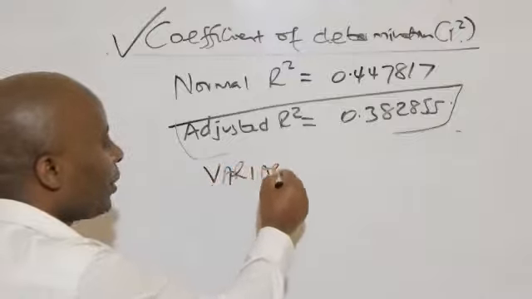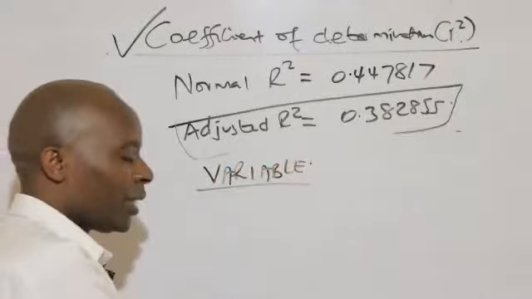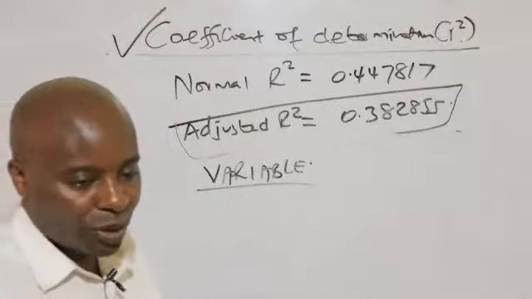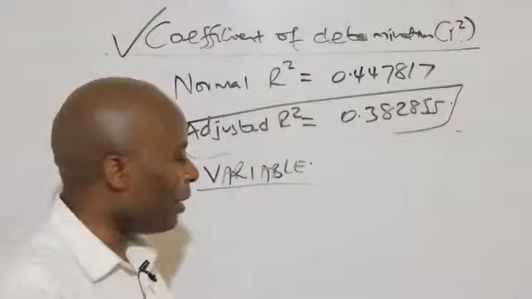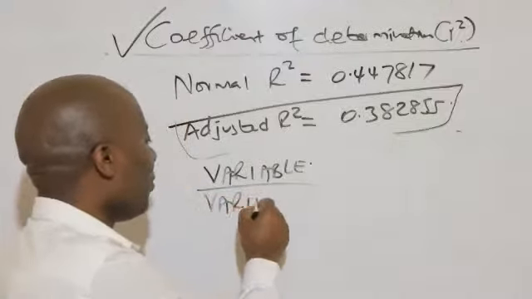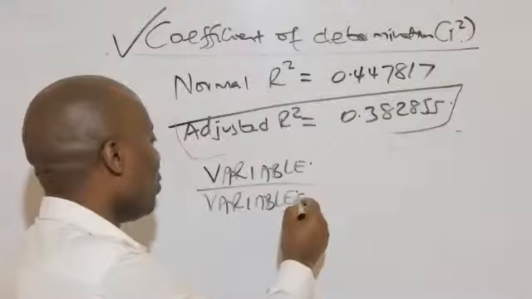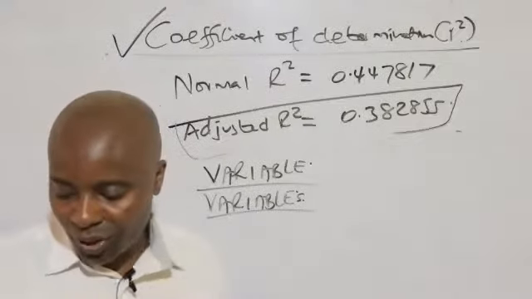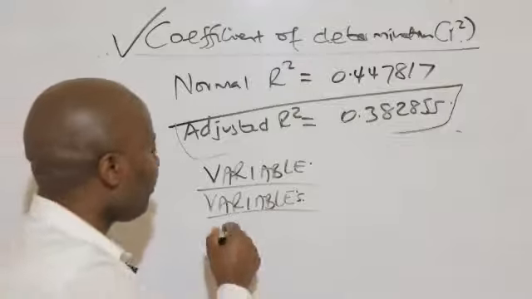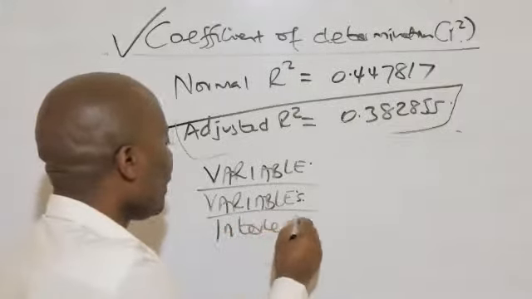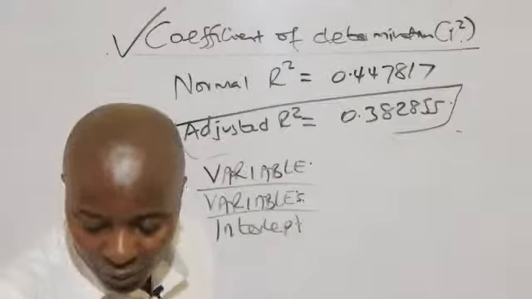I want to appraise and say whether the model is good on the basis of the variables. So I need two things here. I need my variables. My variables, we have the constant, which is the intercept. And then I have one for income.